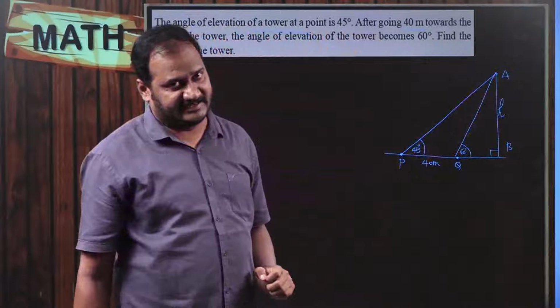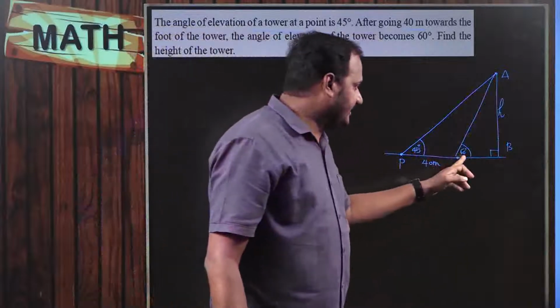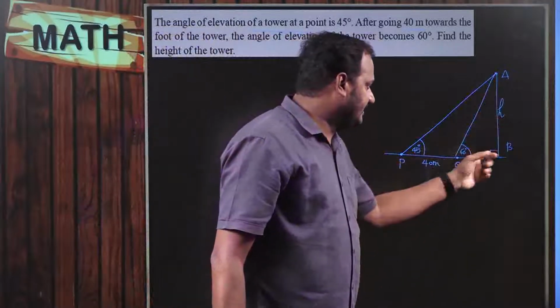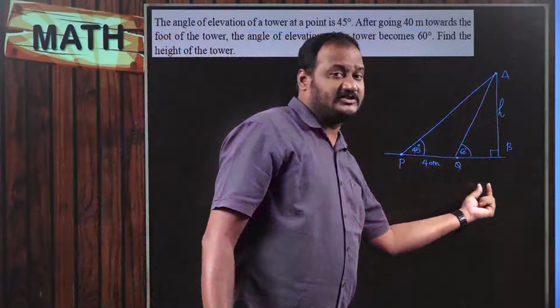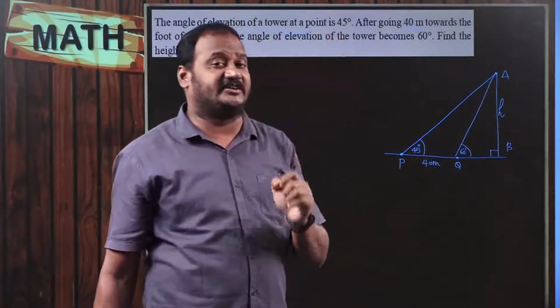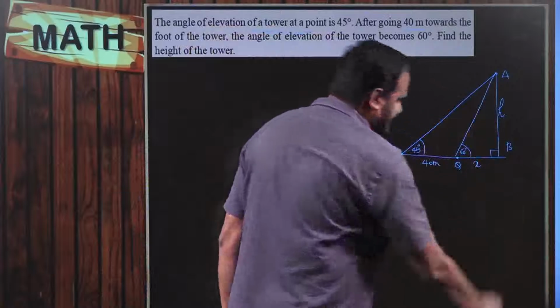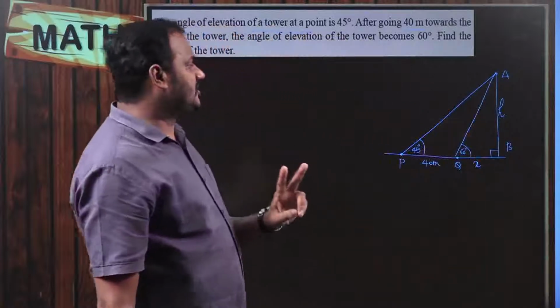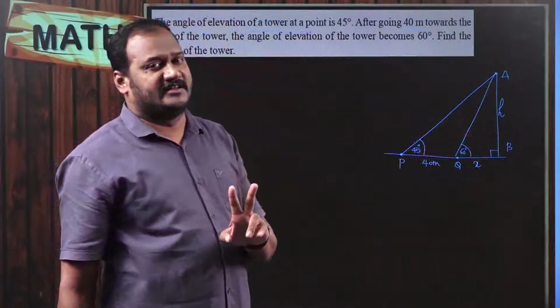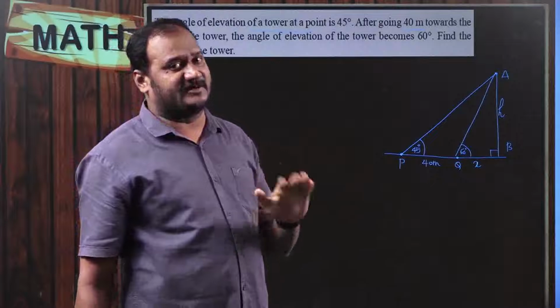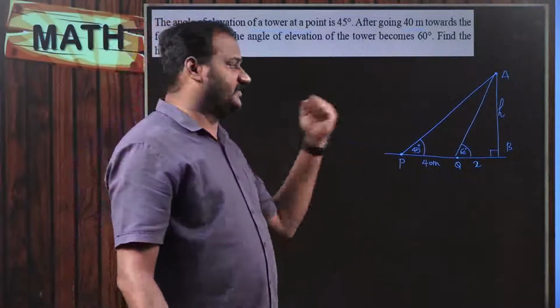But here, this is the angle, and this is the side opposite to that angle. You do not know this QB. So the very basic thing that you need to find first is the length of QB. Let it be some x. Now you have two right angle triangles. Use both and apply the relevant trigonometric ratio in order to find h.